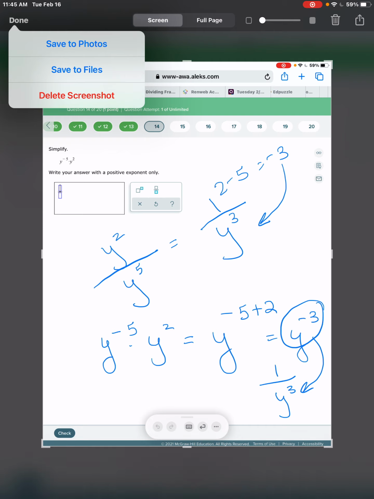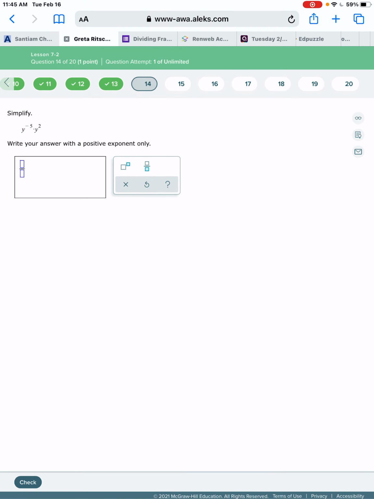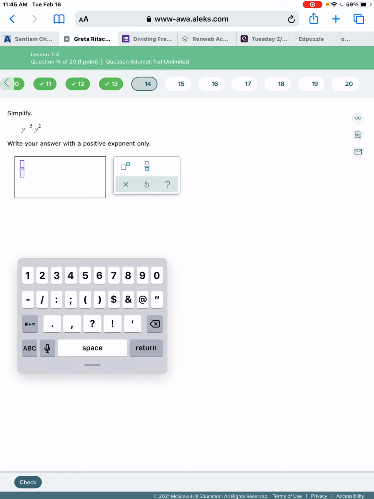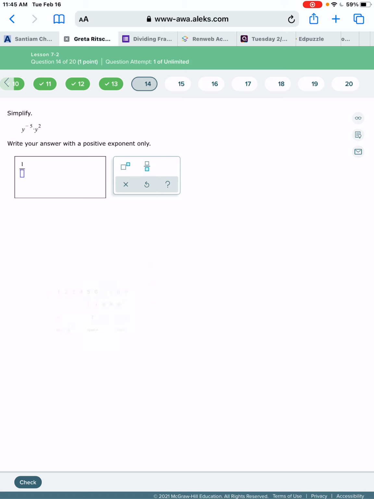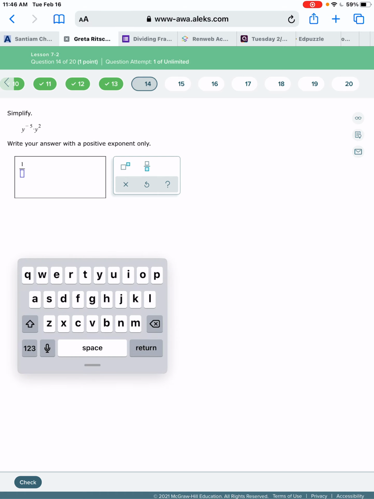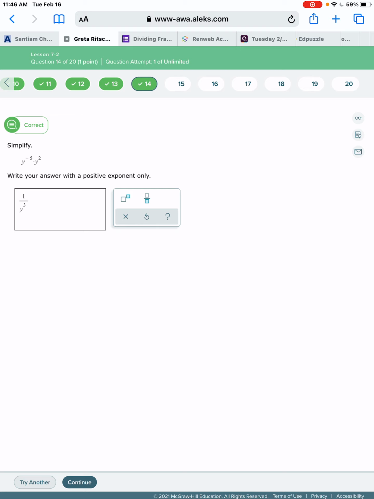You can look at it different ways. You should be able to see it from different directions and get the same answer.